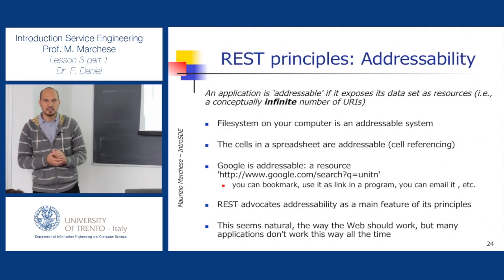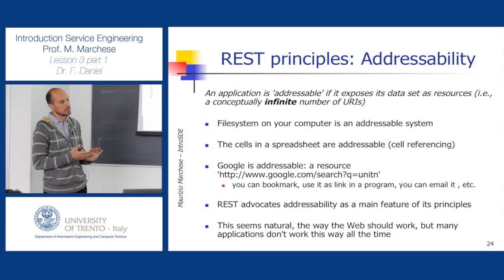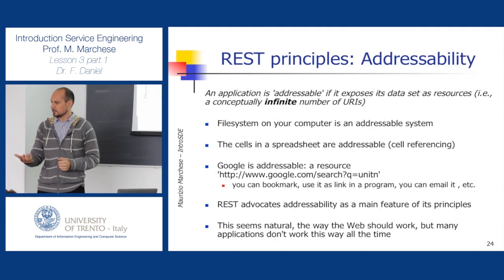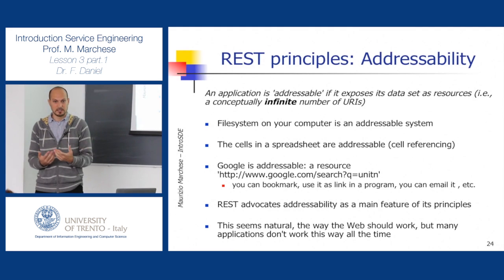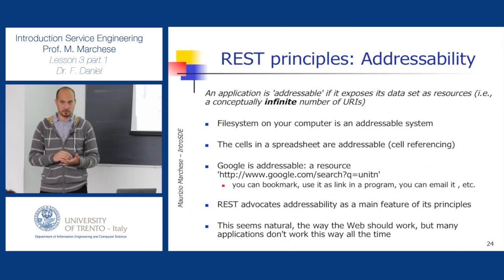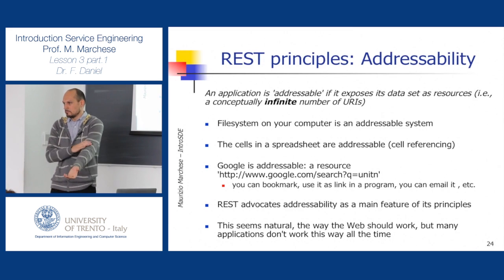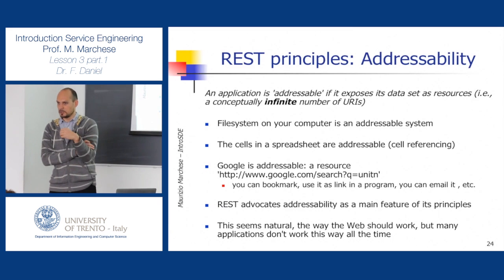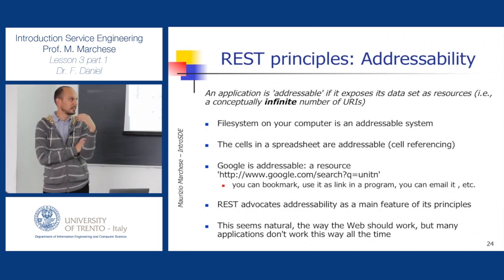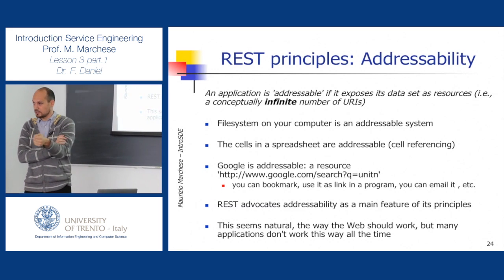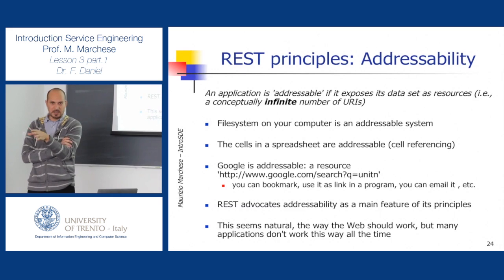Then addressability means that, as I said, you can really reference these objects somewhere. So the resources are on the web. We know how we can name them uniquely, but we must also be able to access them. So we need to be able to address them. Like on your file system, you can address them by the path of the files.